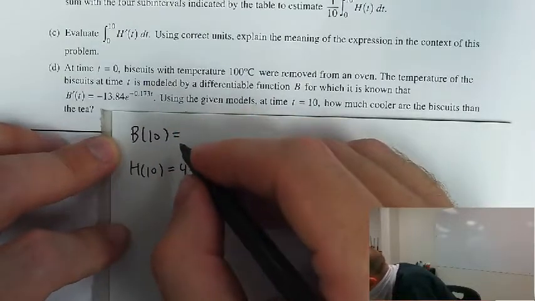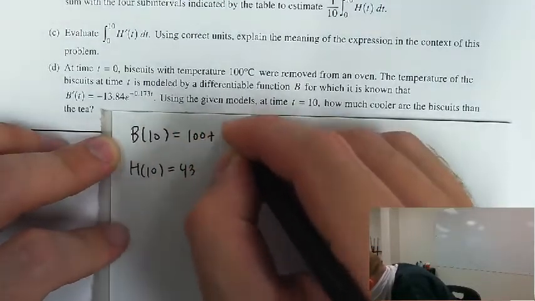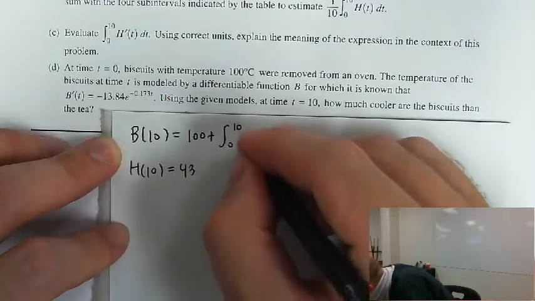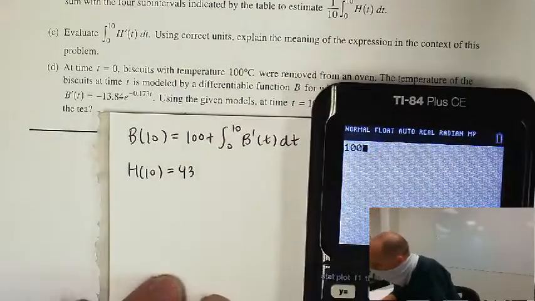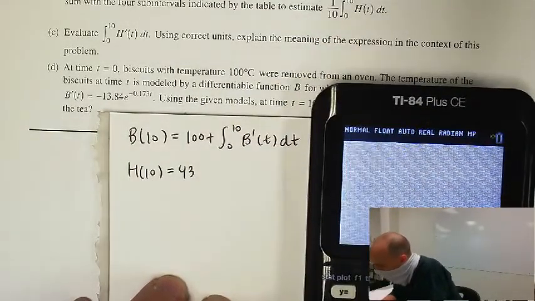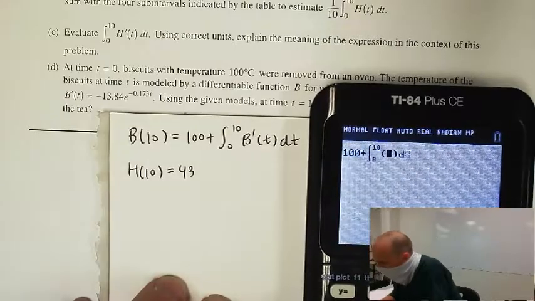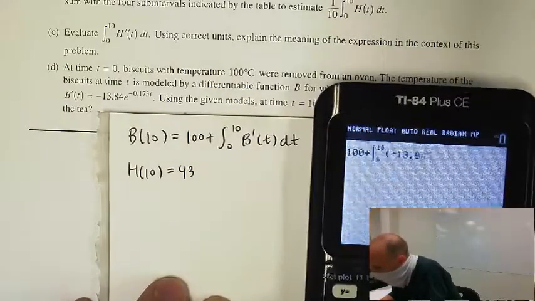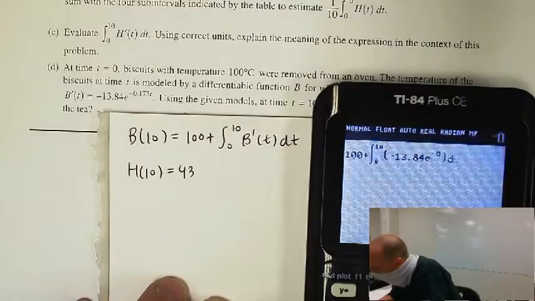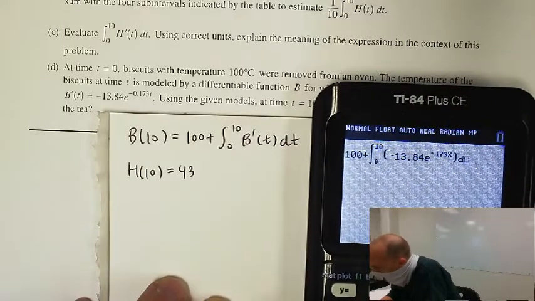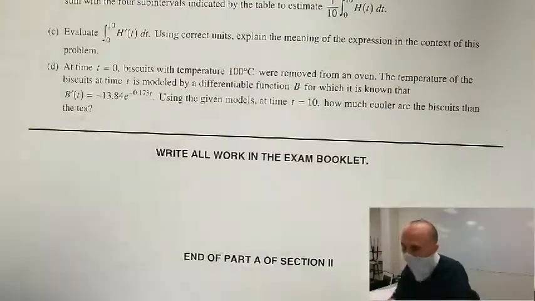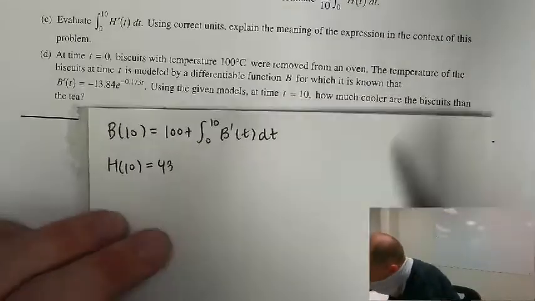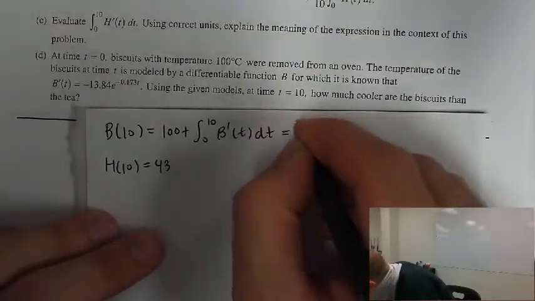B of 10 is going to equal b of 0, which is 100, plus the integral from 0 to 10 of b prime of t dt. Okay, so I'm going to say 100 plus the integral from 0 to 10 of negative 13.84 e to the negative 0.173 t dt, 34.183.